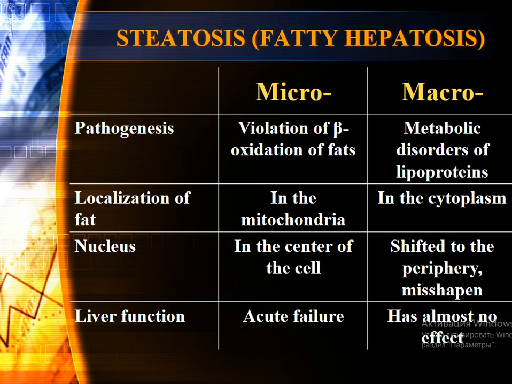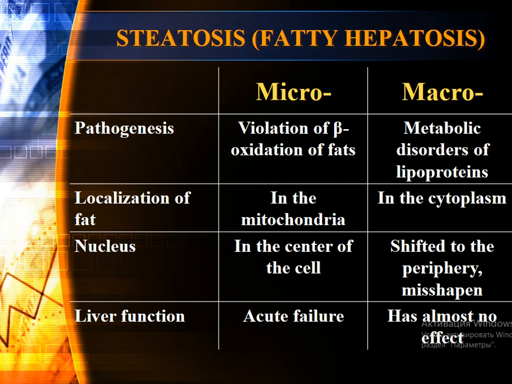So, light microscopy shows small fat vacuoles dispersed throughout the cytoplasm of hepatocytes, and it's very important to understand that the fat is accumulated in mitochondria first of all, and the nucleus retains its central position. Again, it's not the presence of fat but the underlying metabolic defect that produces the liver dysfunction.